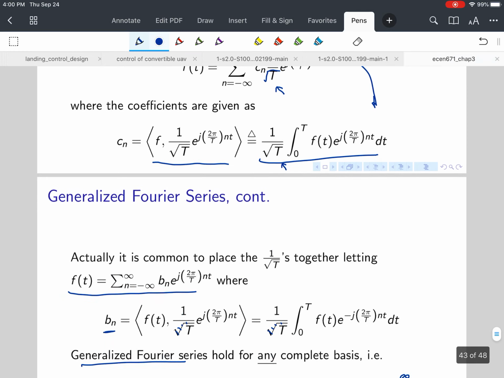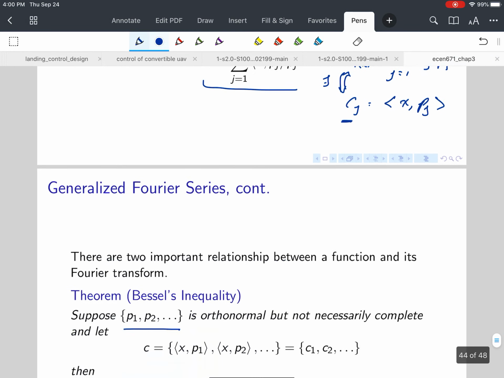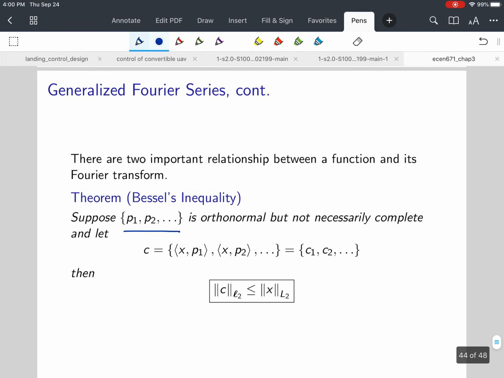Now we have a set of vectors that are not necessarily complete. In other words, there might be some x's that are outside of the linear combinations of all those p's.